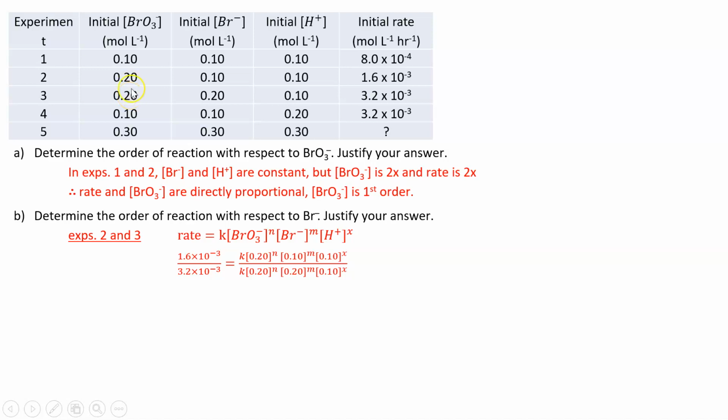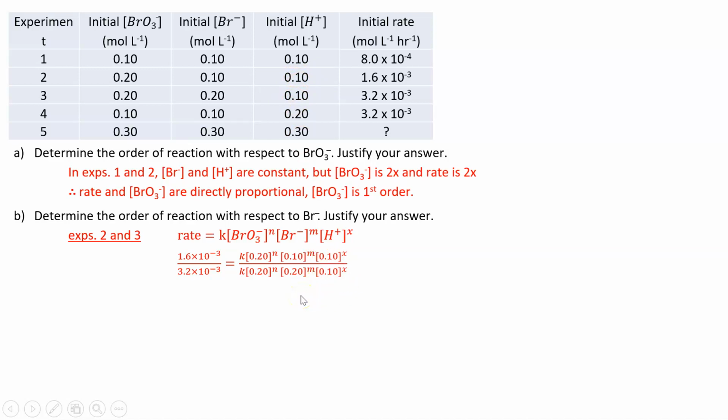In experiment 3, it's also 0.2. That's to the N power. And now we have bromide: 0.10 in experiment 2, and in experiment 3, it's 0.20. Then finally, H plus is 0.10 in both experiments 2 and 3.